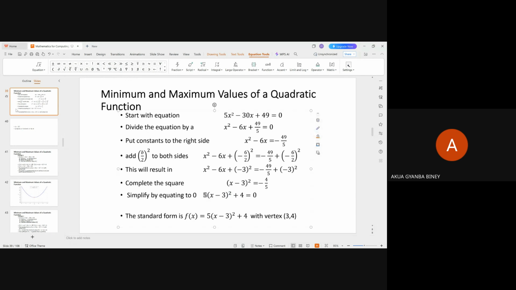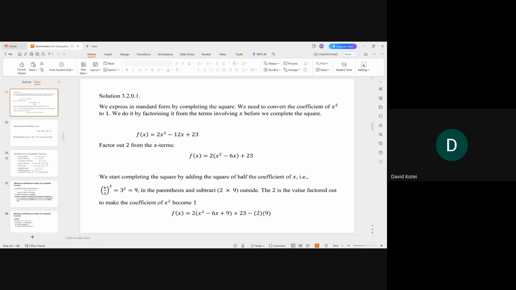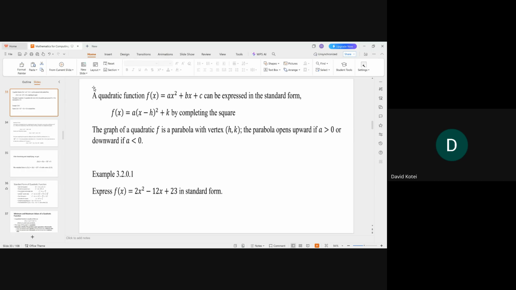So this in standard form becomes... when I multiply 2 by 4, there's a reason to get it in this form.